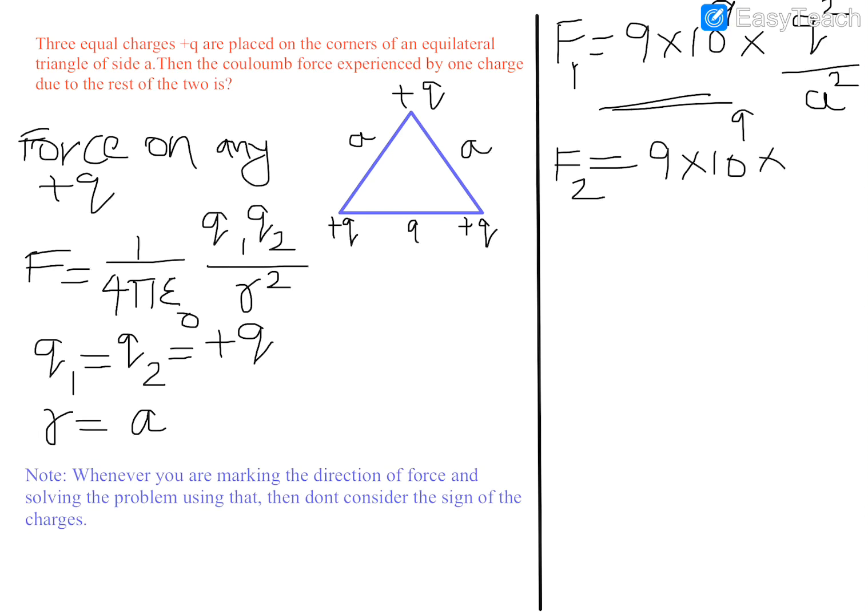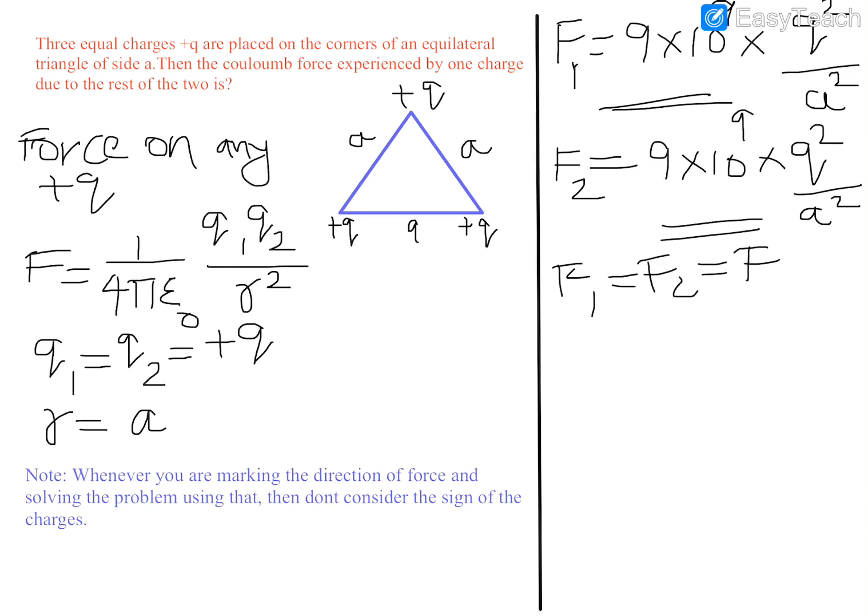Now what is q1 and q2? That is also plus q and plus q. Here no need to consider the sign, only q. Okay, so q into q, that is q square divided by again the same distance, a square. You can see F1 and F2 are equal. F1 is equal to F2 is equal to F.